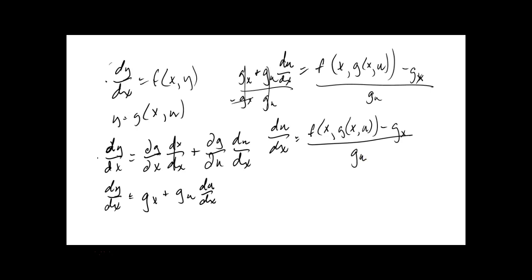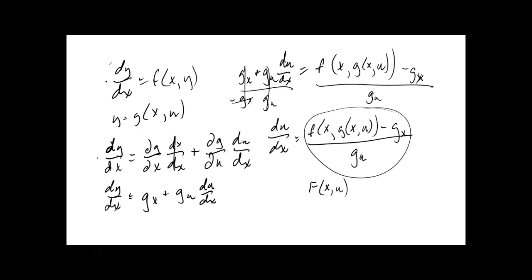And you might say, why mess with that? This whole thing here, they're going to call some new function F of x and u. Because f is a function of x and g, and g is a function of x and u. This is a partial of g with respect to x, so that has x's and u's in it. This is the partial of g with respect to u, that has x's and u's in it.